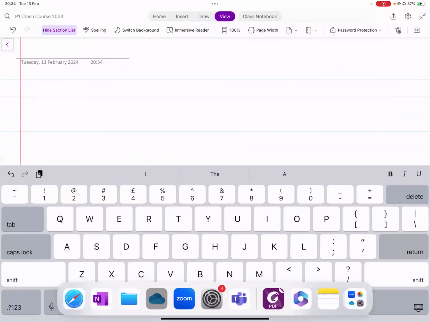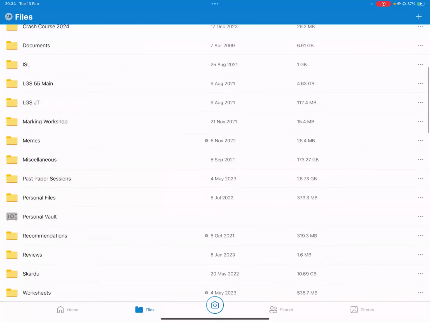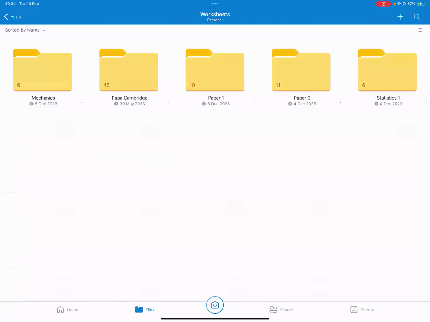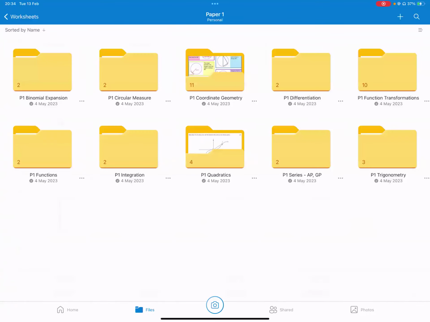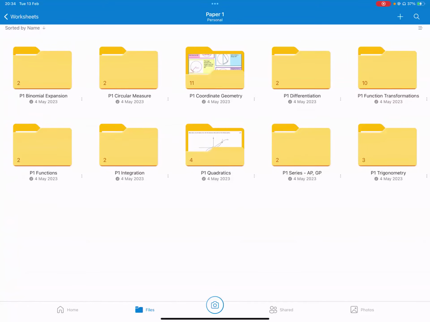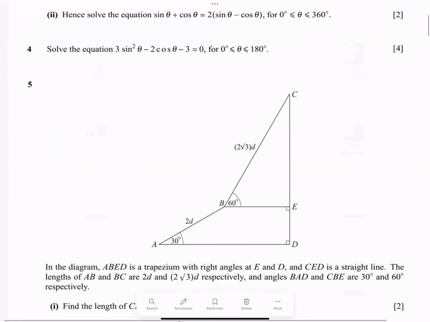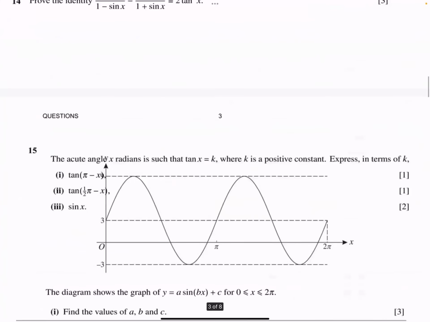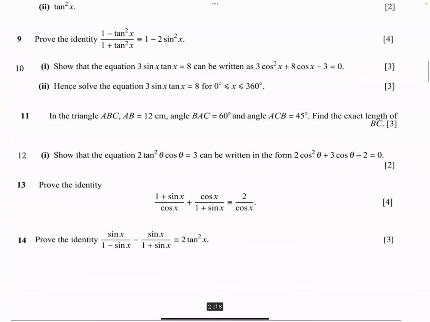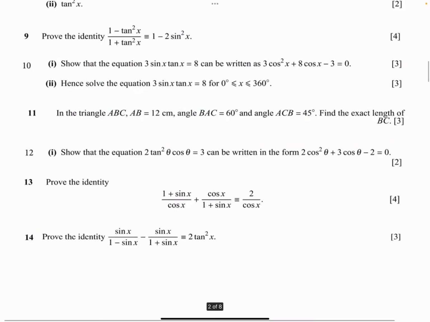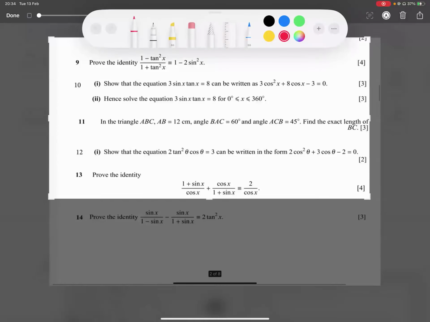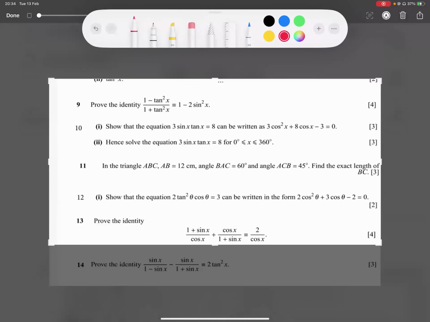No, actually 13. My mistake. 13, okay. P1, trigonometry. Okay, this one, question number 13. Yes, sir. Okay, let's have a look at this.